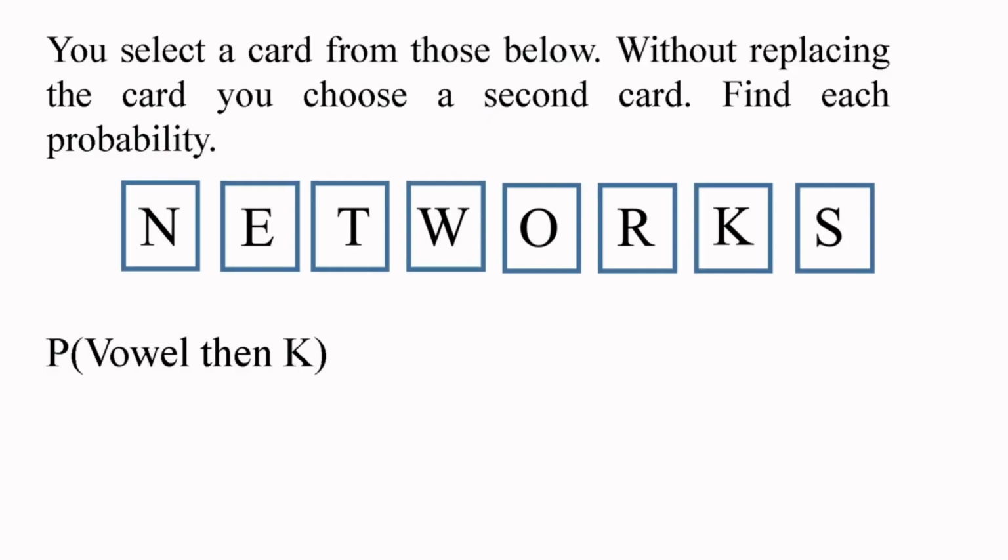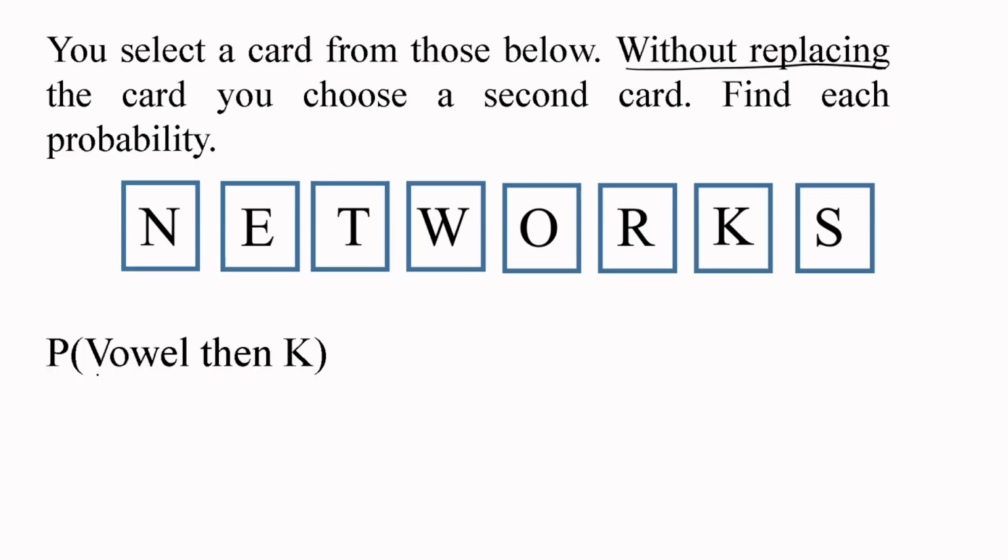Assume that you have some cards and some letters are written on those cards. Without replacing again, you pick one card, then you choose a second card. Find each probability.